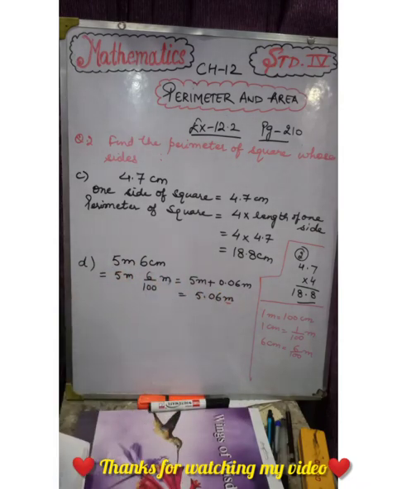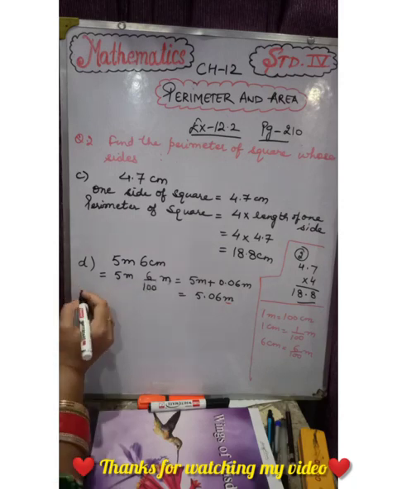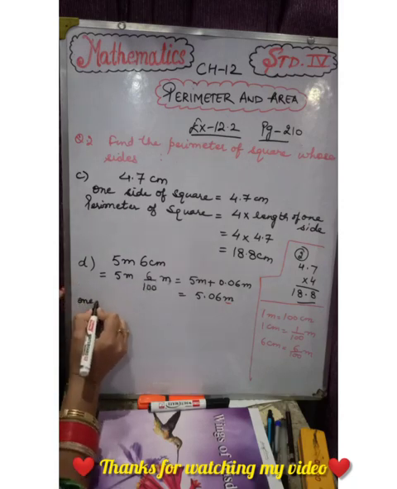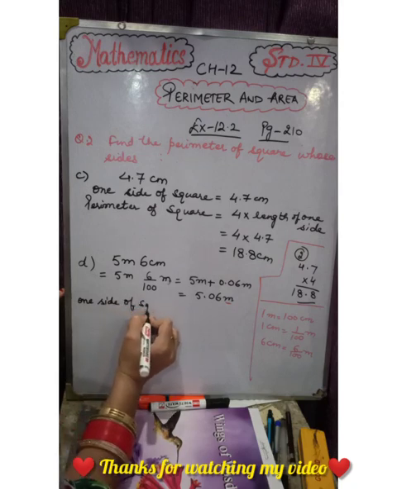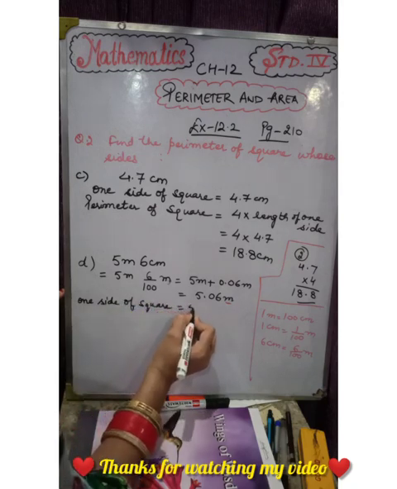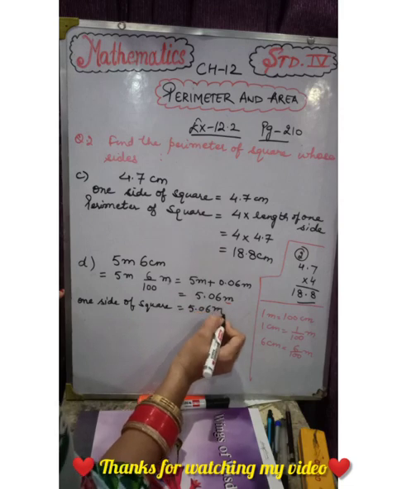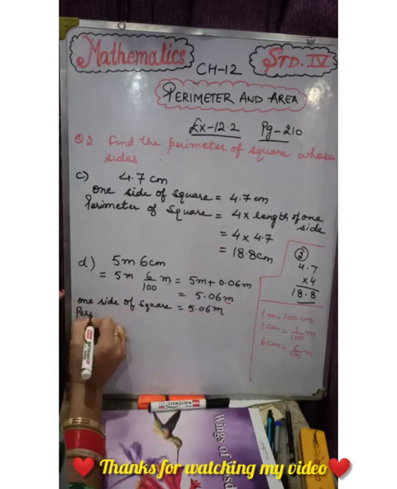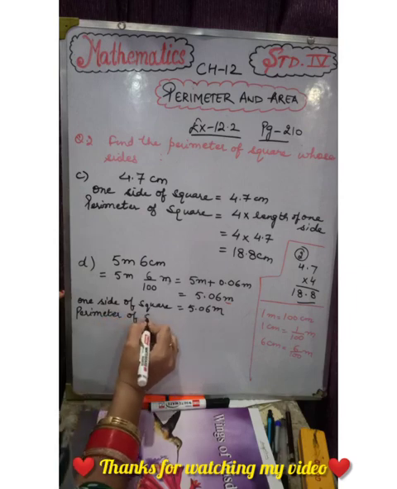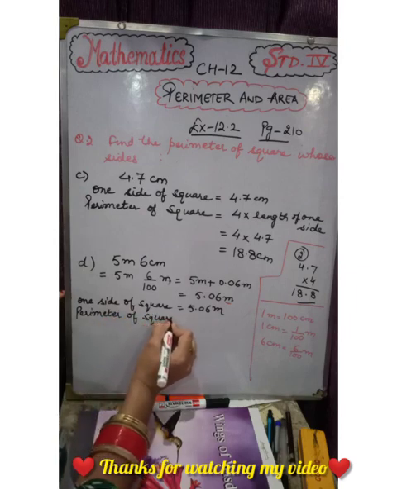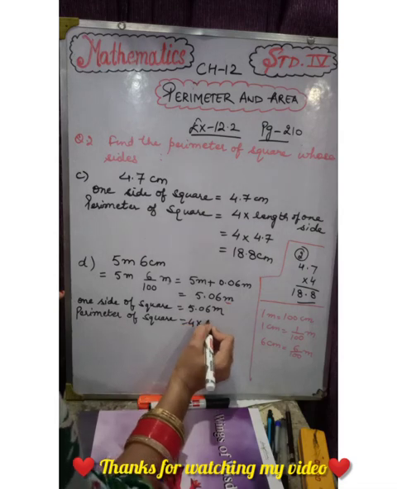So let's discuss now calculation. One side of square 5.06 meter. Perimeter of square, 4 multiply length of side.